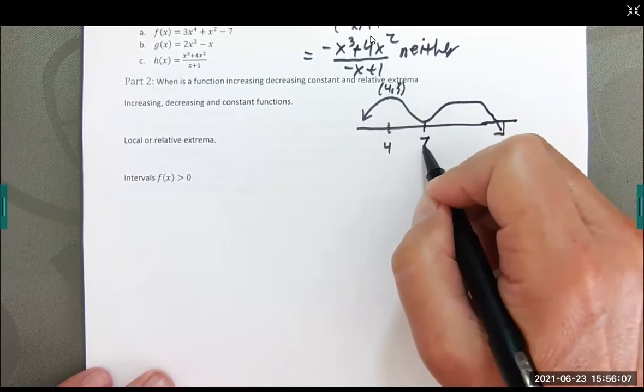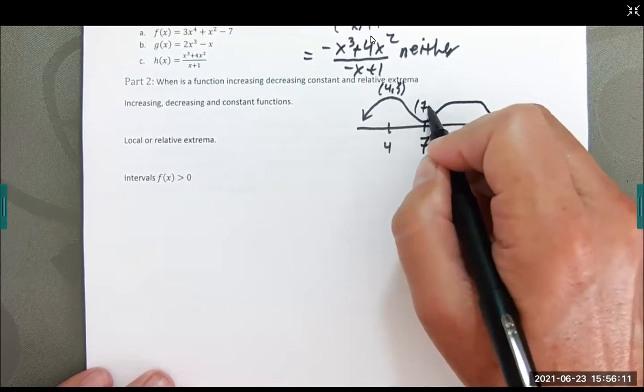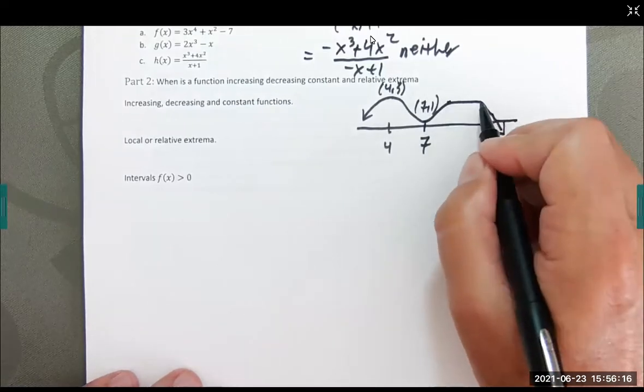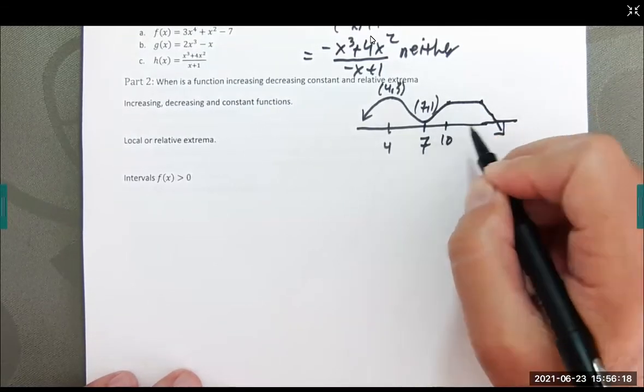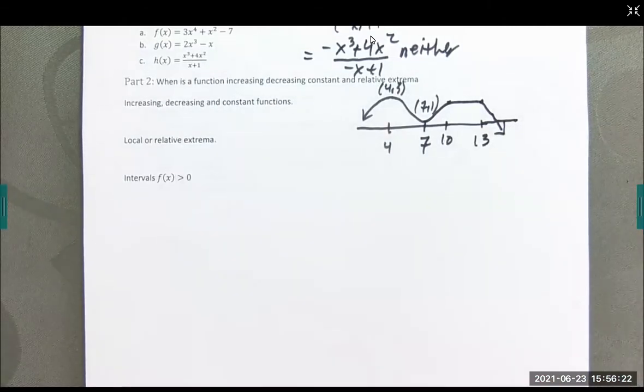Here we are at 7. So this point here is 7, 1. And from here to here, that is 10 to 13. And we want to know where it's increasing, decreasing, and then constant, and local max and mins.